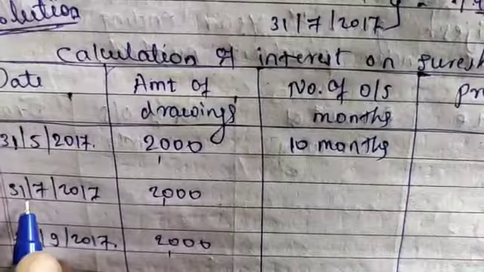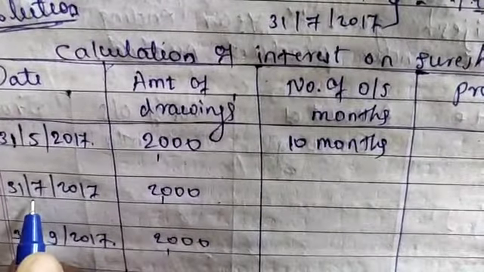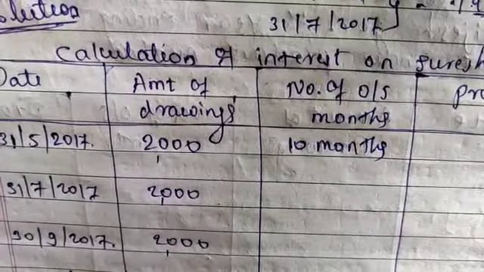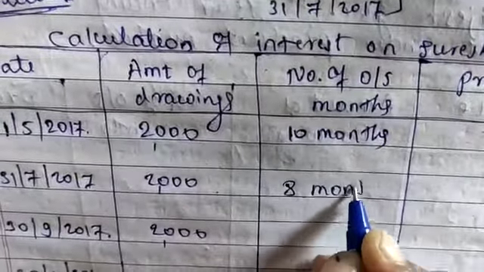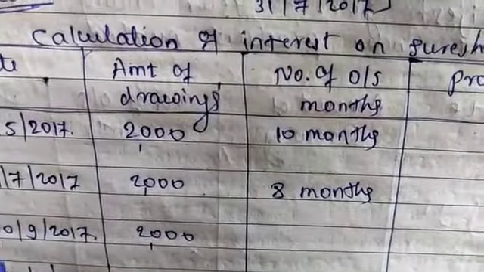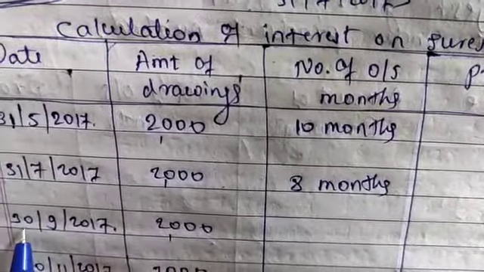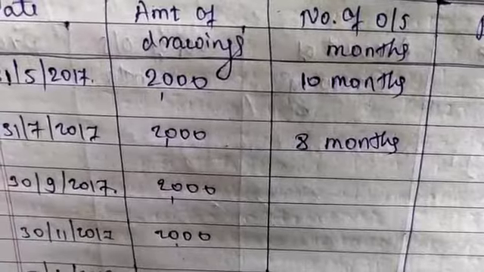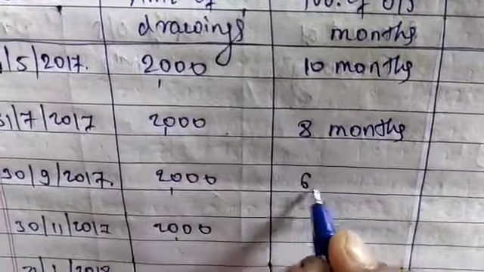Next one, 31st July, again the last date of July, so you should not consider the month of July. The immediate next month is August. From August to March, that is 8 months. Next one, 30th September, you should not consider September because that is the last date of September. The next month is October, from October to March, so 6 months.